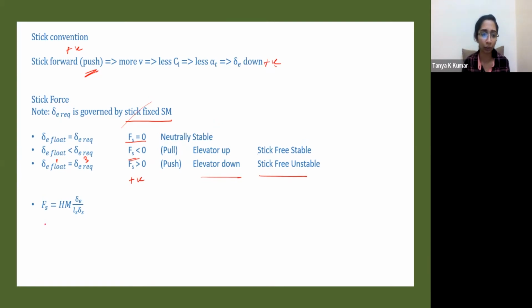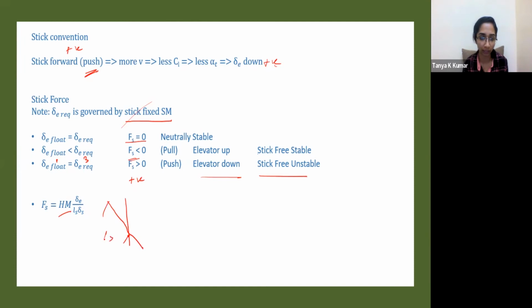Okay, now stick force, this is the equation that we follow. HM is hinge moment. Delta E, we know what delta E is. Delta S is the, okay, how do I tell you that? Imagine this was your stick. Now how much he pushes it? Suppose he pushes it by this much, and this is the length of the stick.